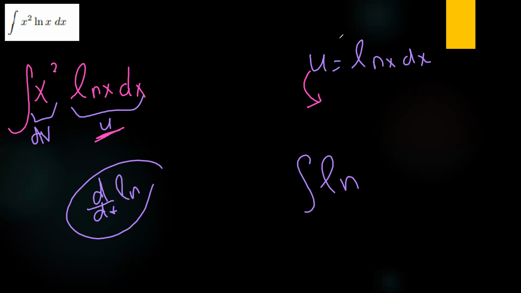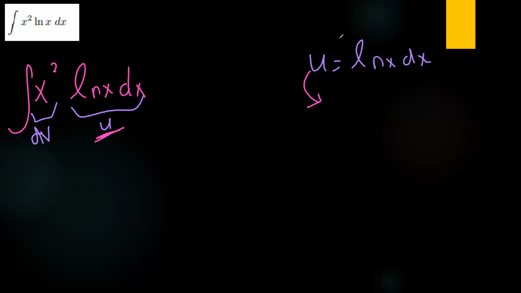Integration by parts means one I will integrate and one I will find its derivative. So which one is easier to integrate and which one is easier to differentiate? This is the meaning of integration by parts. Since I know the derivative of ln but I don't know its integration, I will say that this is u, because u is the function whose derivative I need to find.